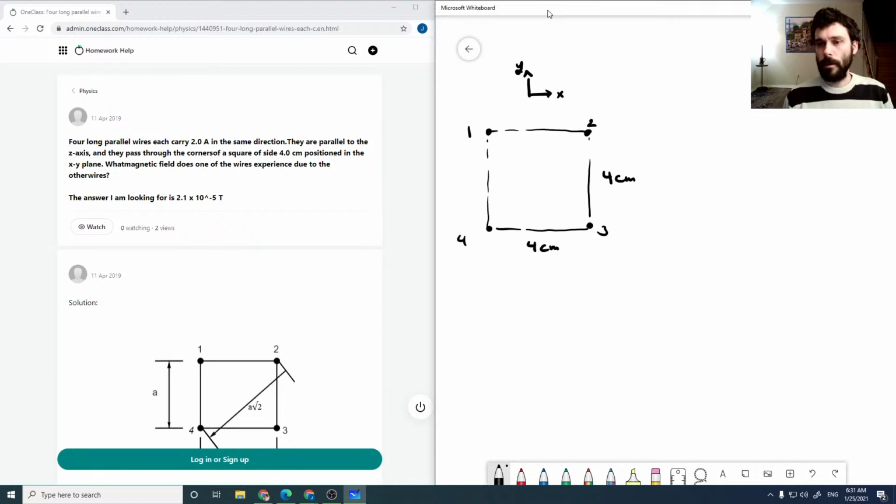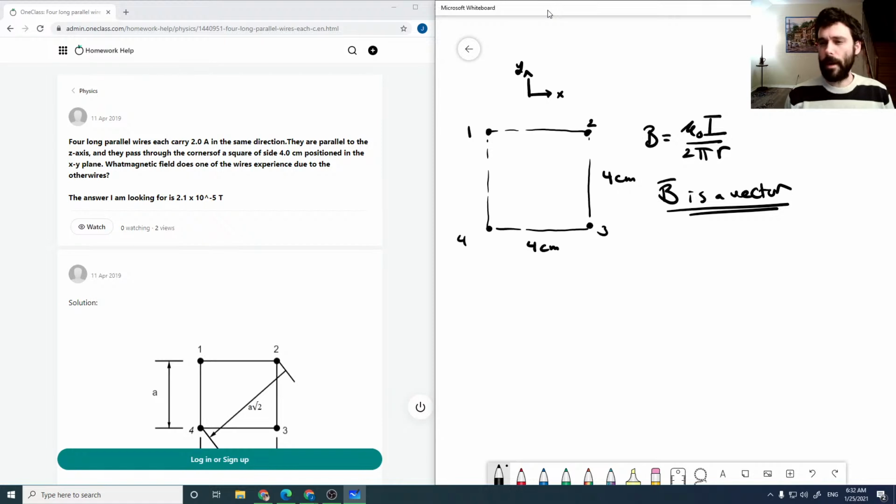All right. So if we're trying to figure out the B field at 1 due to the other 3 wires, we can use our expression for the B field due to an infinite wire, but remember that B is a vector.